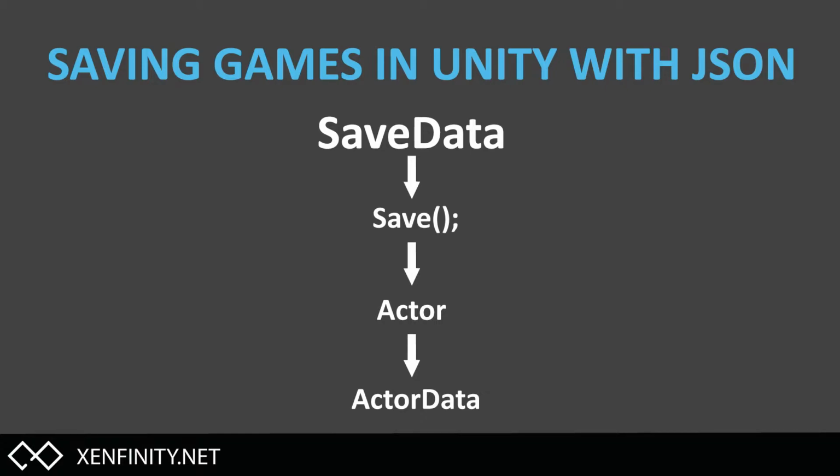This actor data is going to be shared with our saving and loading system, and it's going to act like a middleman between the game and program, like we were talking about earlier with components versus classes. So we can get started right there.